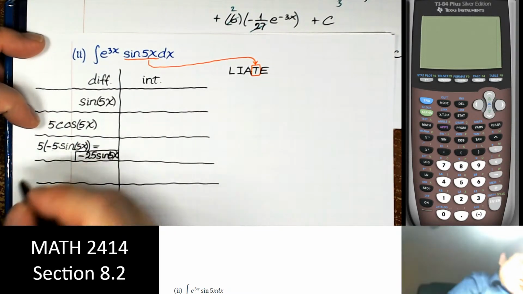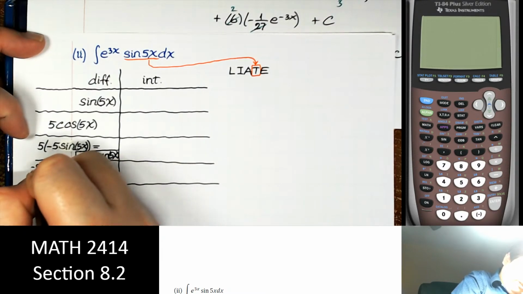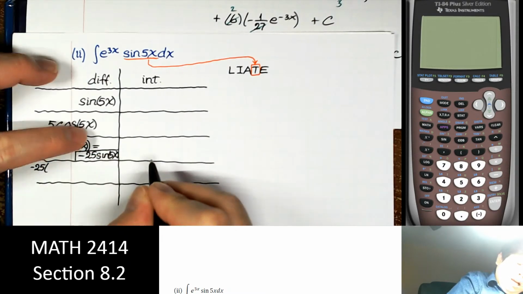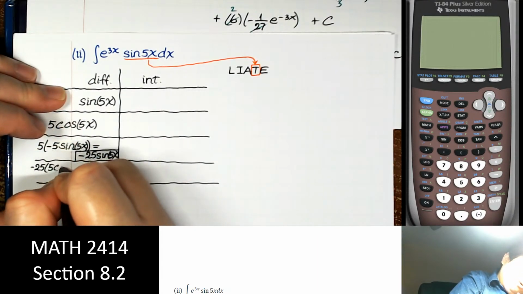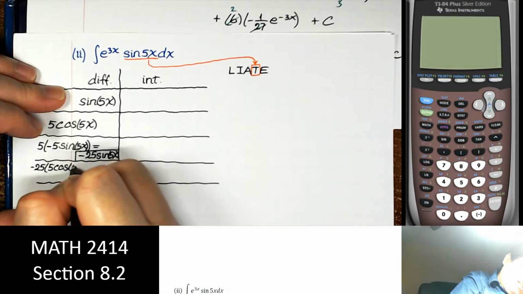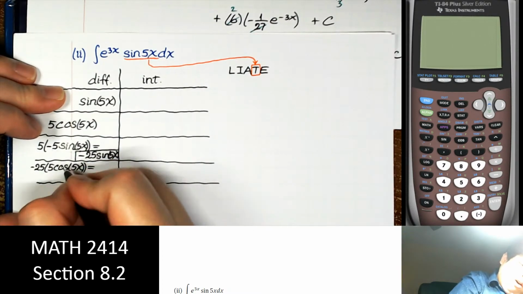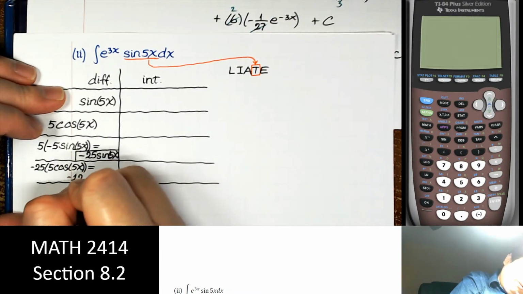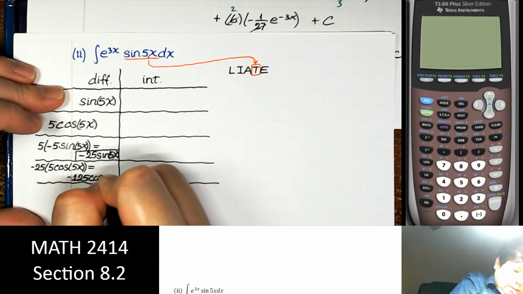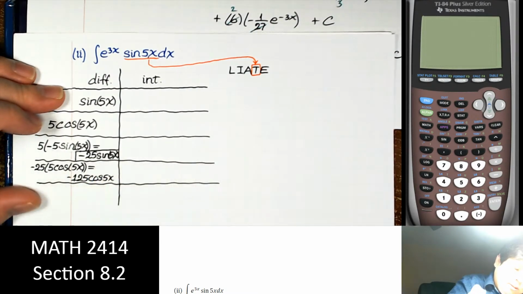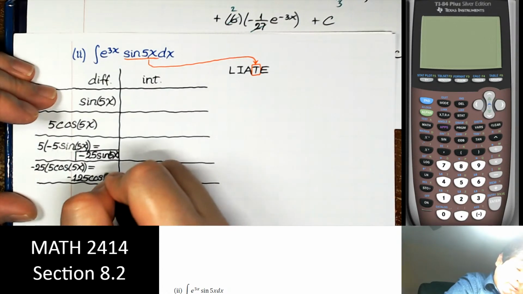And then derivative again is going to be negative 25, and derivative of sine of 5x is 5 cosine of 5x. 5 times 25 is negative 125 cosine of 5x. Right.